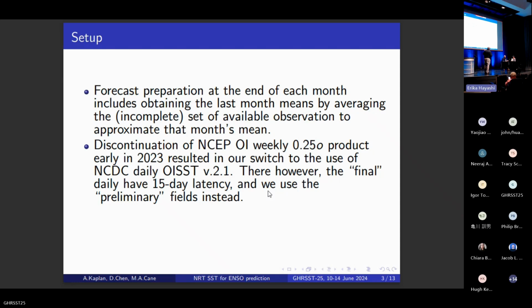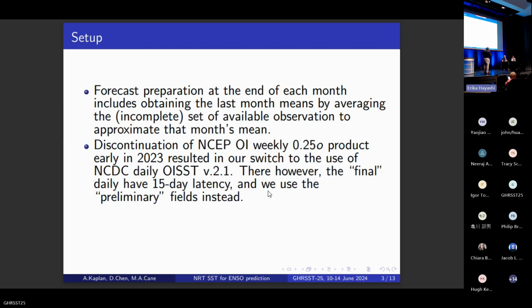But suddenly it closed, and we started thinking what to replace it with for observations of SST, so to say. And many people, I understand, are basically switching to NCDC daily OISST version 2.1, which is considered a more or less standard thing. So that's what we did.